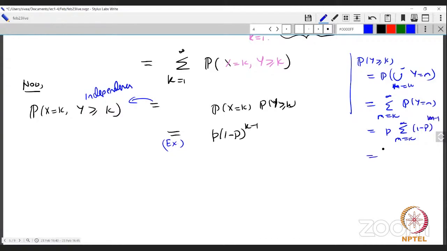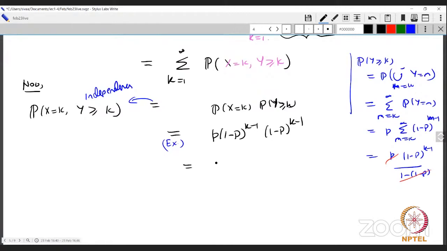That's just p times 1 minus p to the k minus 1 divided by 1 minus p, and these two cancel off to get this answer. So this is again equal to 1 minus p to the k minus 1. Very nice.